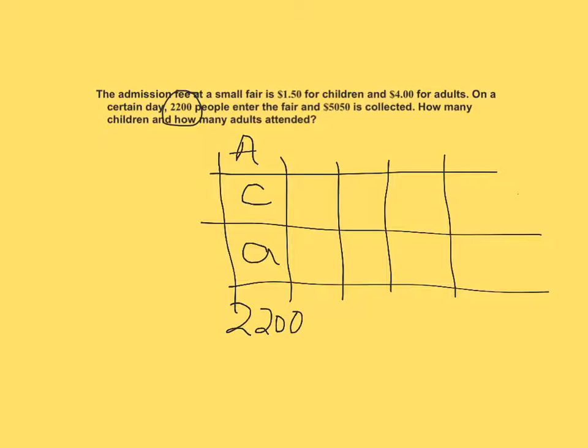And instead of the percent of fat in milk, I'm going to write $1.50 for the amount that a child pays, and $4 for the amount that an adult pays. We could call that the cost, but that's confusing because I already used C for children.